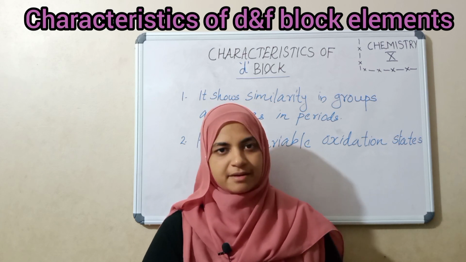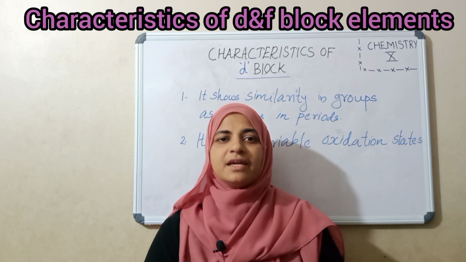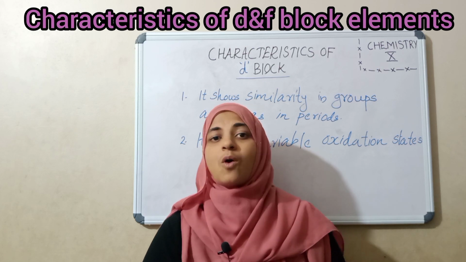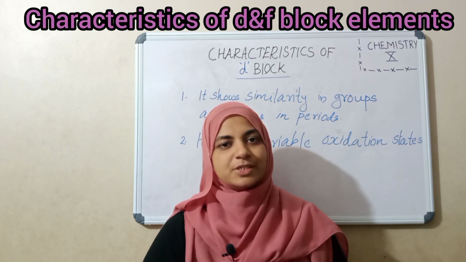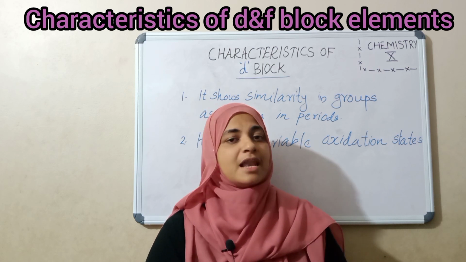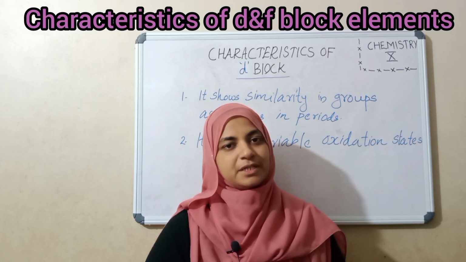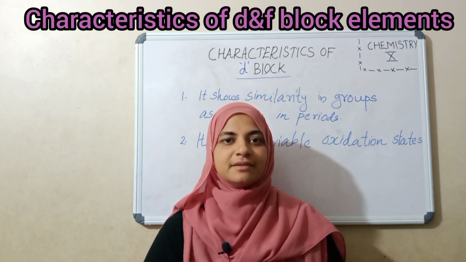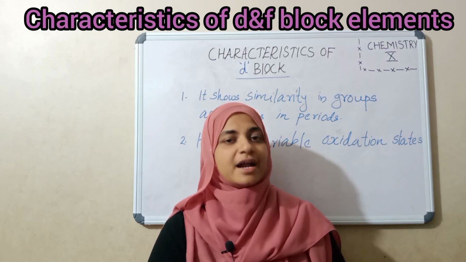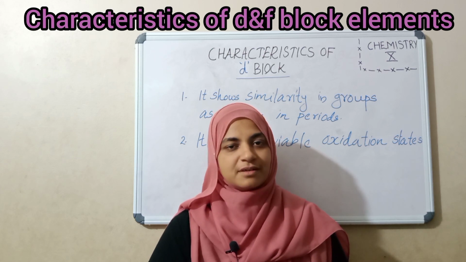This is obeyed in all groups. But in the case of transition elements, this rule is obeyed in periods also. That is, the elements in each period show the same property. What is the reason? Yes, the reason is the outermost shell contains the same number of valence electrons.